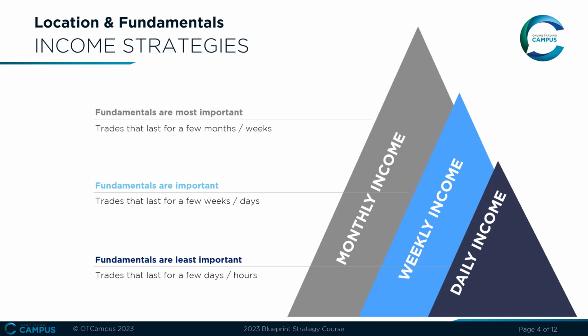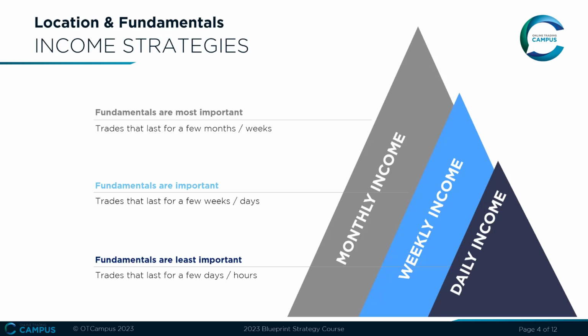All these income strategies underlie the same set of rules. The only difference that you'll find here is the time frames that we categorize as higher time frames and the time frames that we categorize as lower time frames are going to be different in each of those income strategies.